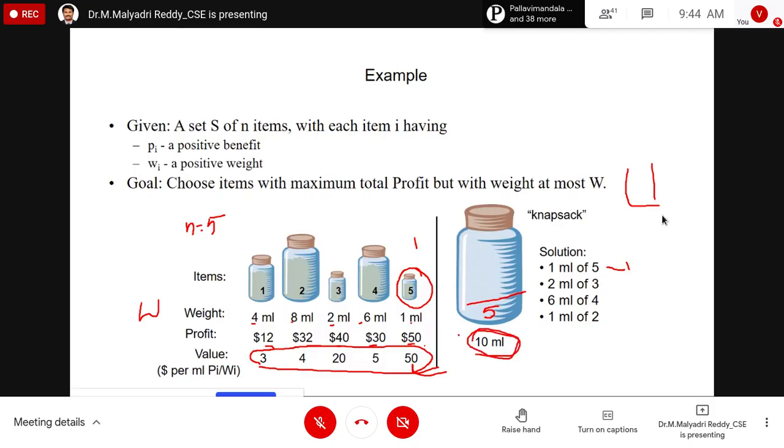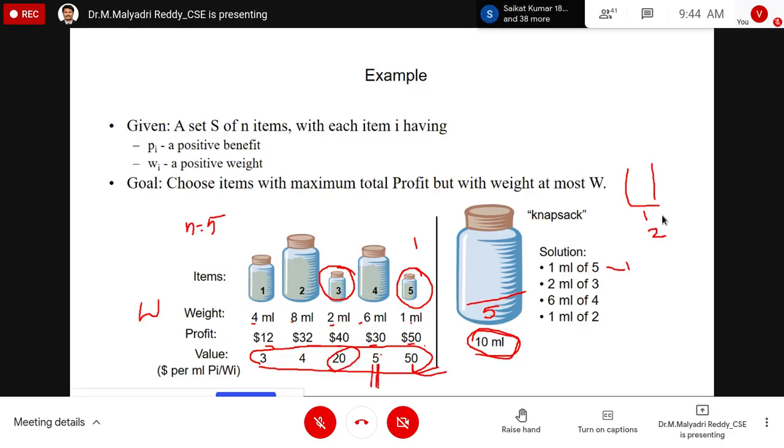Right. And then next, 2 ml of the third item, $40. 1 plus 2. Then next, 6 ml of the fourth item. The next maximum profit by weight is 5, right?